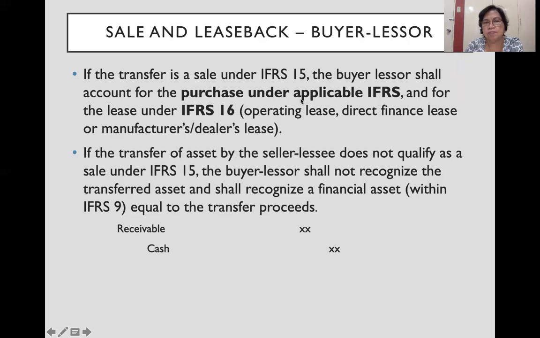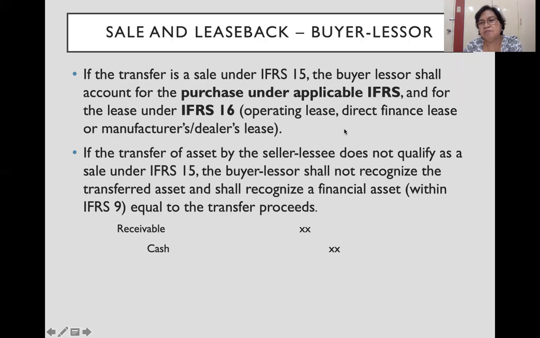So it is to apply, let us say, IAS 16 for that acquisition, for the purchase of an asset under installment basis, or for the purchase of asset on cash basis because cash is immediately paid in full by the buyer-lessor.